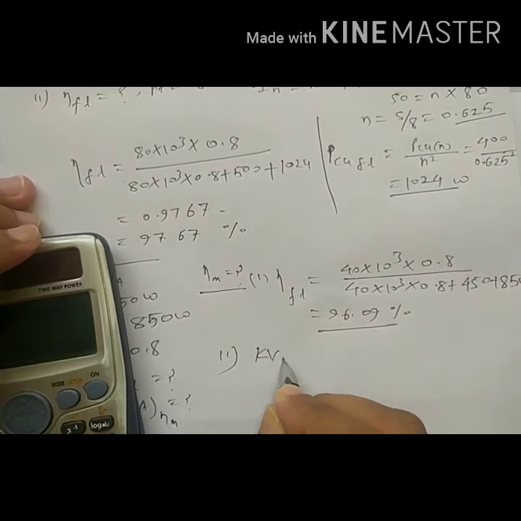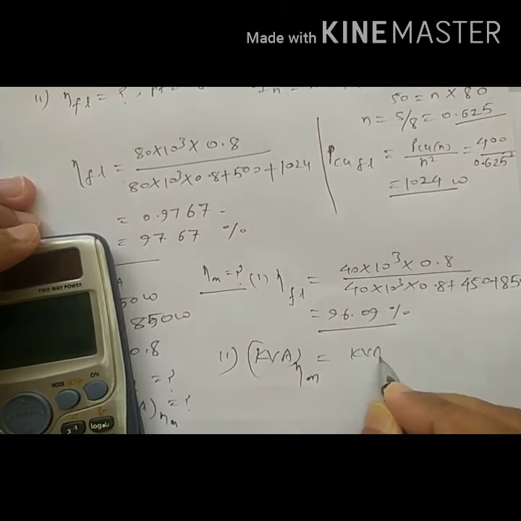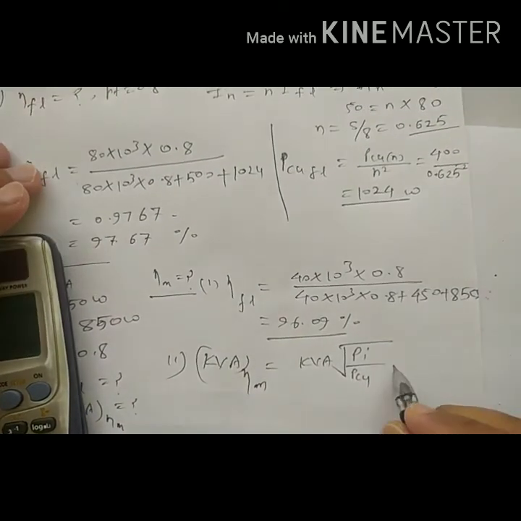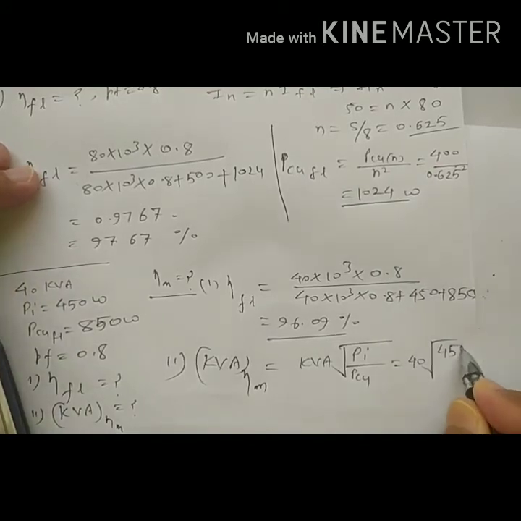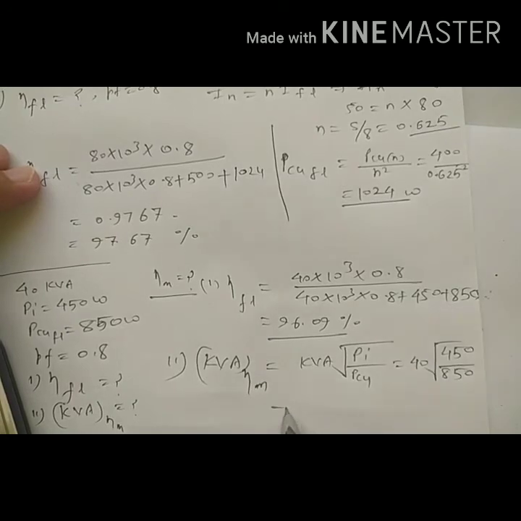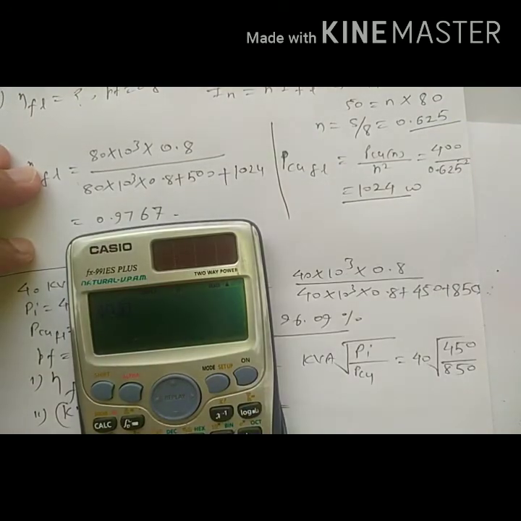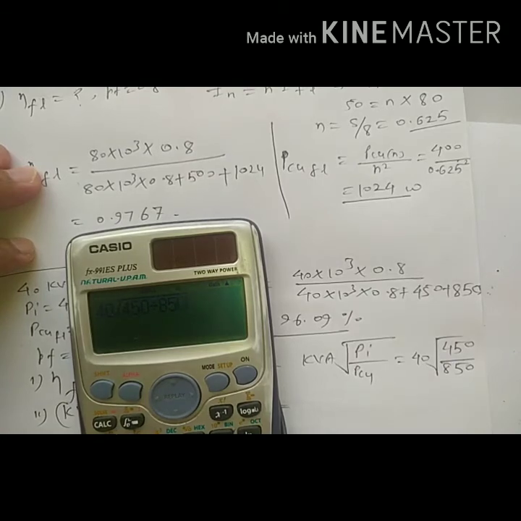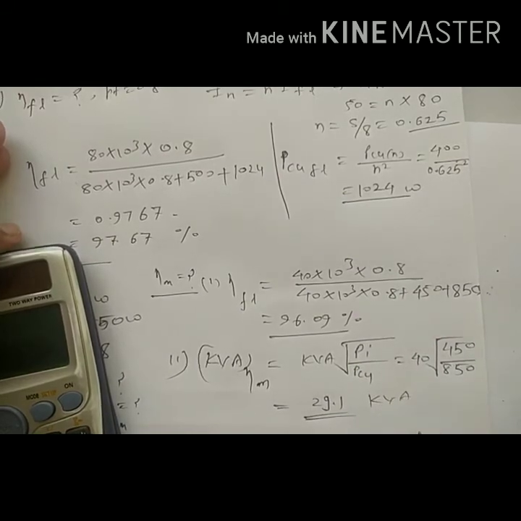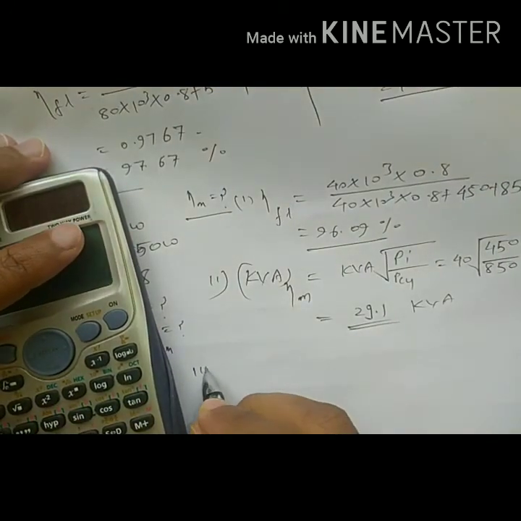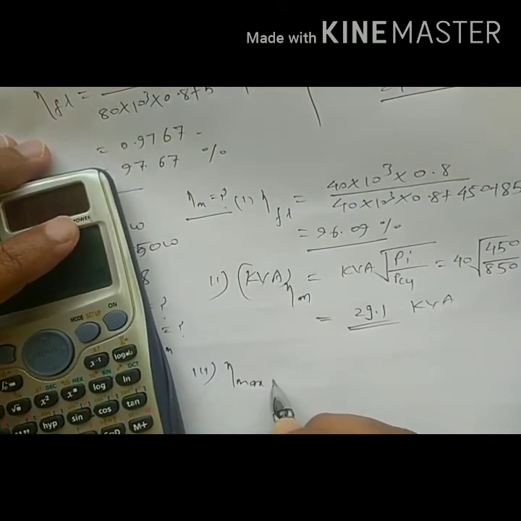Second, kVA at eta max. We know the formula: kVA times the square root of iron loss by copper loss. So kVA is 40, iron loss is 450, copper loss is 850. So this comes as 29.1 kVA. Right. Third is eta max, maximum efficiency.